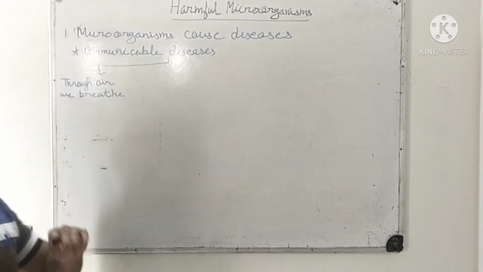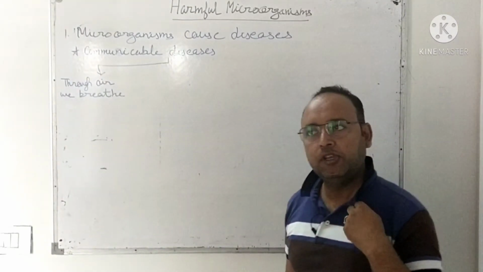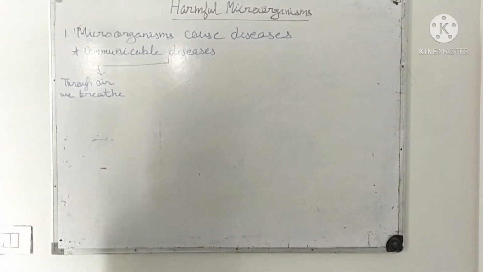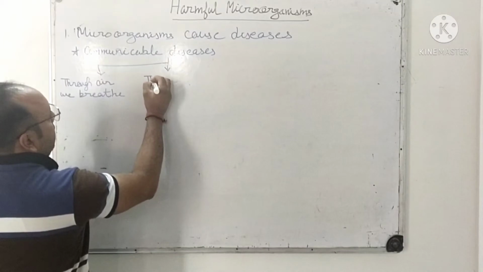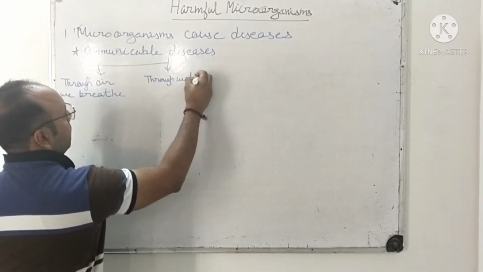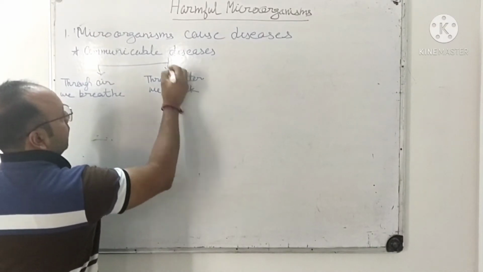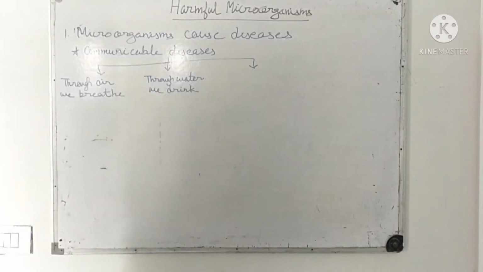If an infected person has passed nearby and we are breathing the same air, then it will spread from there. Then it can also spread through the water we drink. If the water is infected and we drink that water, then the disease will spread to us.